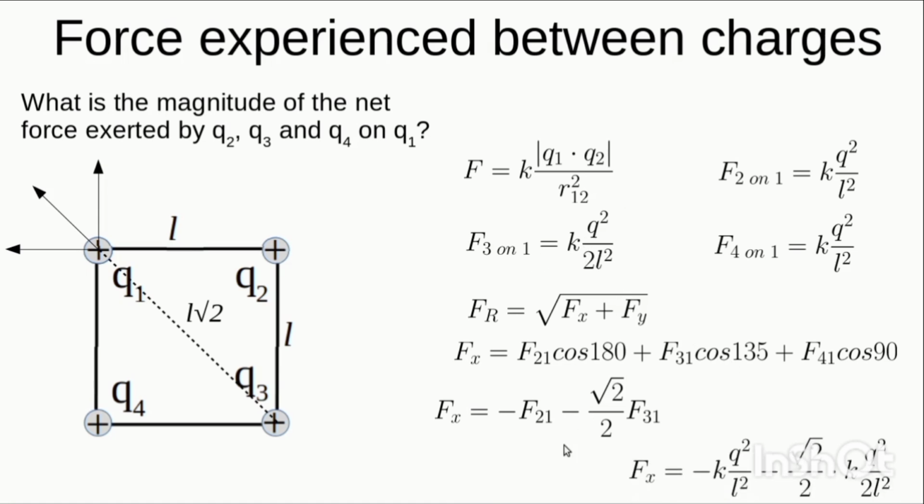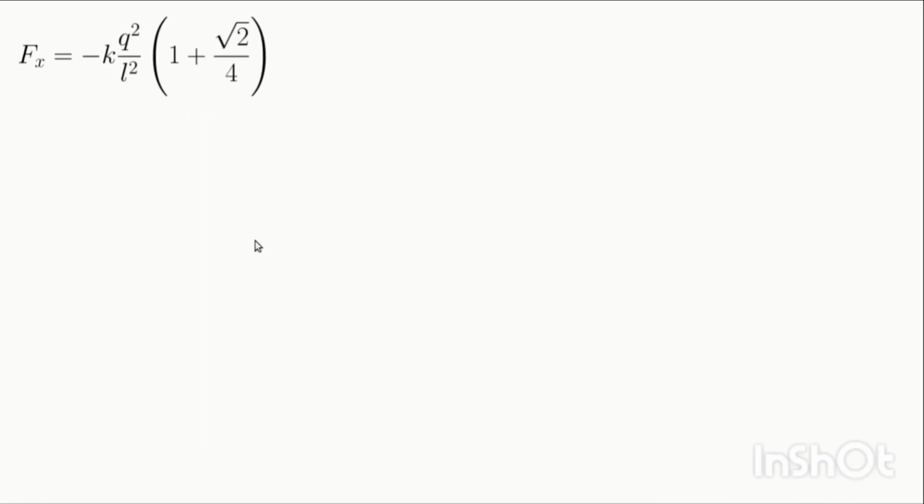By the time we plug them in, we have this expression. What you notice is that KQ squared over L squared is common, so we can easily factorize, and we get Fx equal to minus KQ squared over L squared times 1 plus square root of 2 over 4.